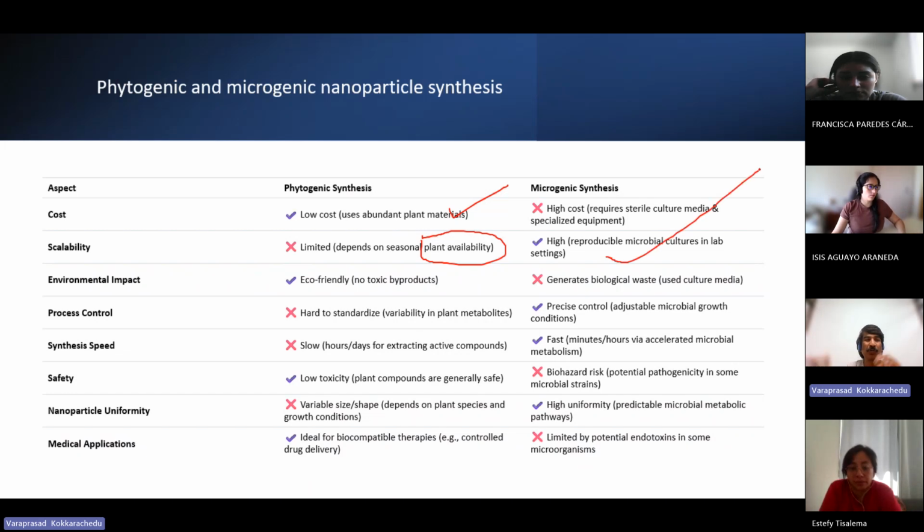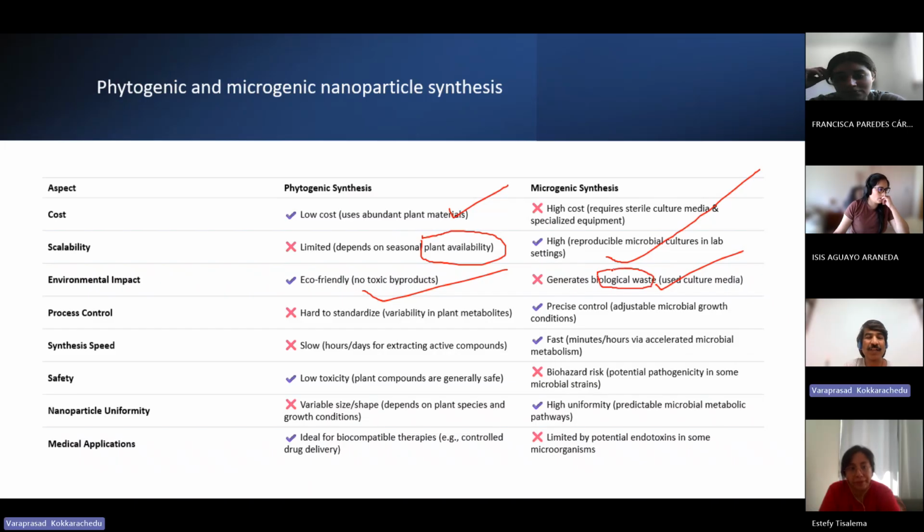If you have good chambers and a good bacterial lab, we can grow the cells or bacteria at any time in our laboratory, but the only thing is it's expensive. For environmental impact, this is a natural one: natural products, leaves, with no toxicity. This one is a little toxic, because it produces biological waste.